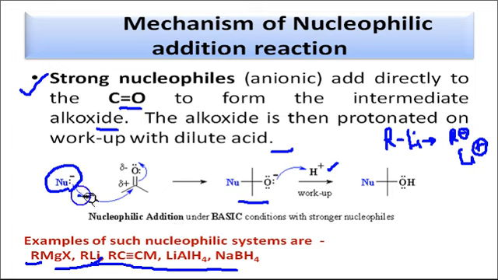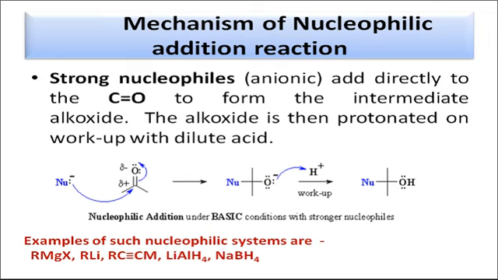First is the attack of the nucleophile directly onto the carbonyl carbon. In the second step, formation of the alkoxide intermediate takes place, and in the third step, the final product, that is the alcohol derivative, is formed. So generally in basic conditions with strong nucleophiles, the carbonyl compounds undergo this type of reaction.